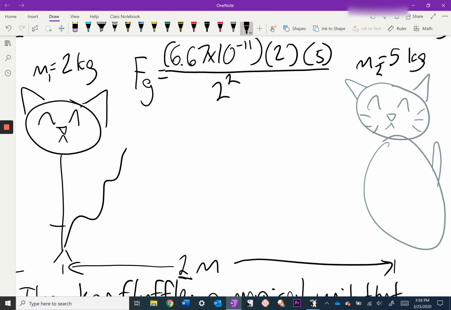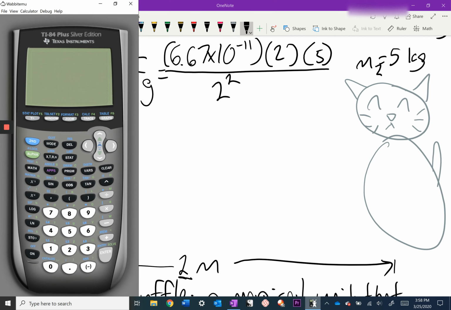So let me go ahead and plug that into a calculator. 6.67 times 10 to the negative 11th times 2 times 5 divided by 2 squared. Push enter. So that is a pretty tiny number.